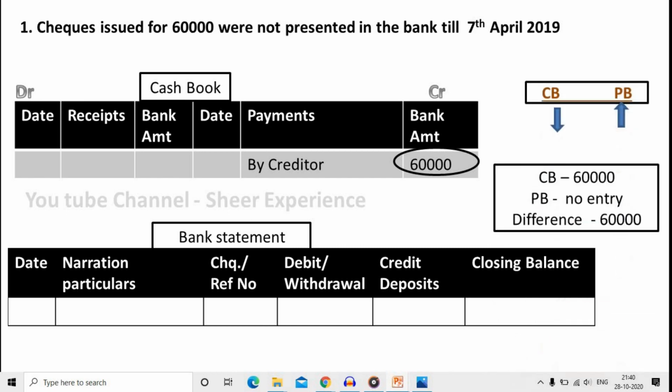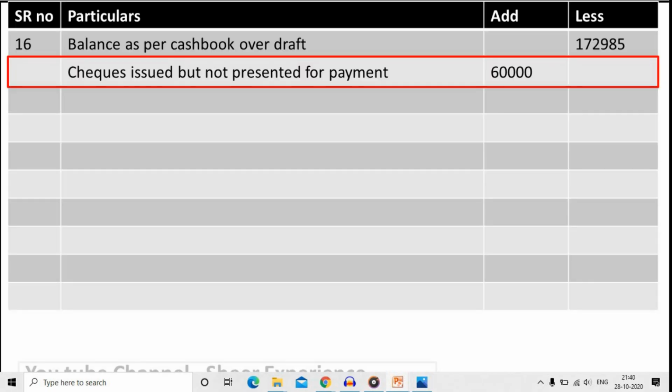So the difference is 60,000. Cash book balance is less than passbook balance. When I am preparing bank reconciliation statement as per cash book overdraft balance, I have to refer or check to passbook balance. Here passbook balance is more. So I will mention this amount in add column. In the particulars column, checks issued but not presented for payment.